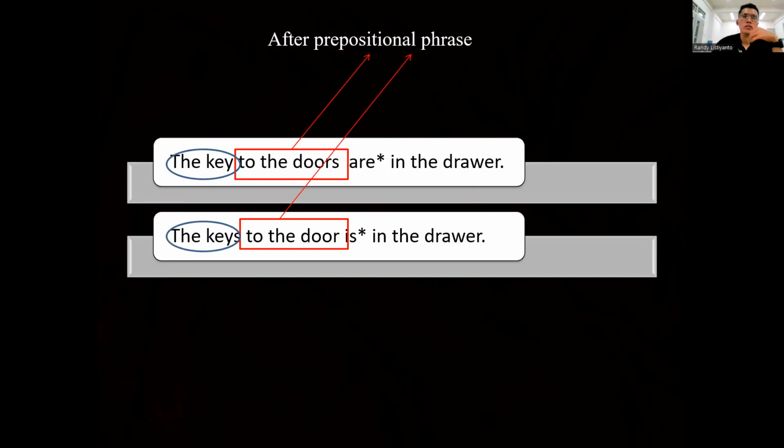You have to make sure that the verb fits the subject. It is incorrect in the first sentence to use are when the subject is key. It is singular and can be replaced by it. So it's supposed to be is in the first sentence and are for the second sentence.